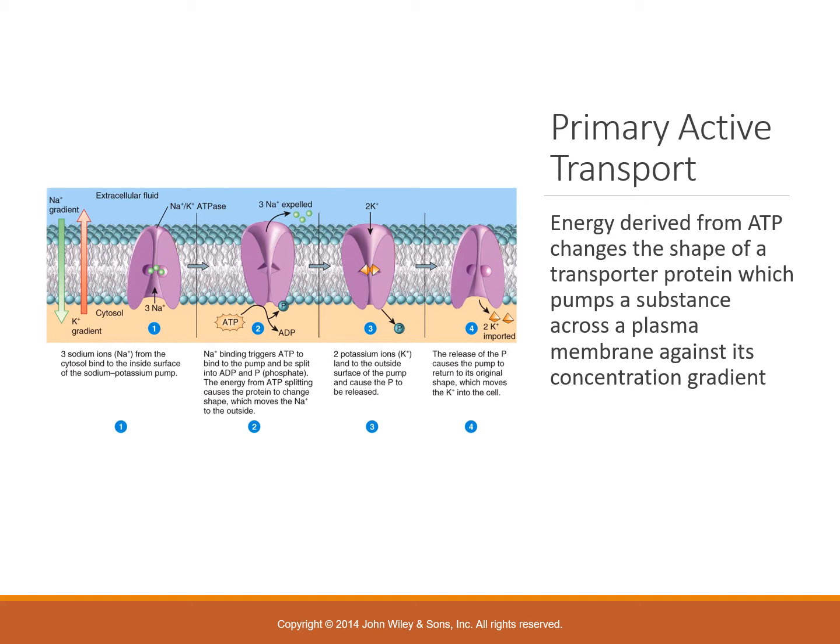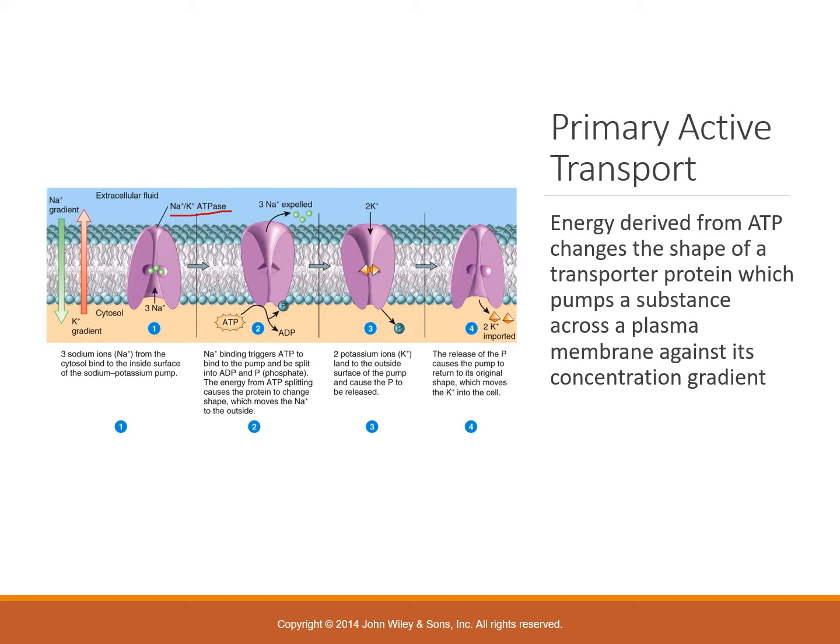Here we have the example of this protein, the sodium-potassium pump, or the sodium-potassium ATPase, and this is a really important example of primary active transport. Here we have the hydrolysis of ATP, which results in the phosphorylation of the protein. ATP interacts with the protein, it turns into ADP, and it leaves that phosphate group attached to the protein.